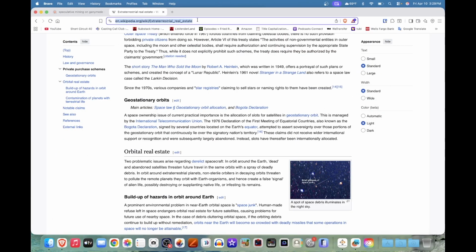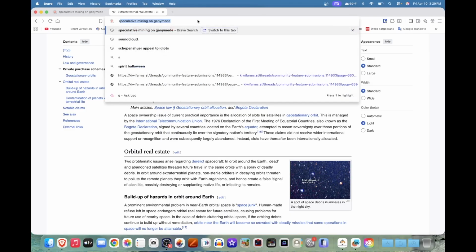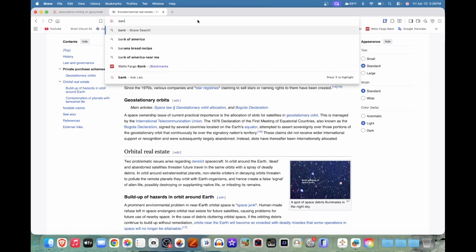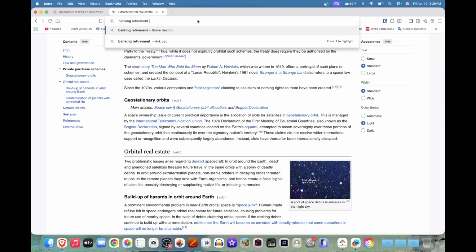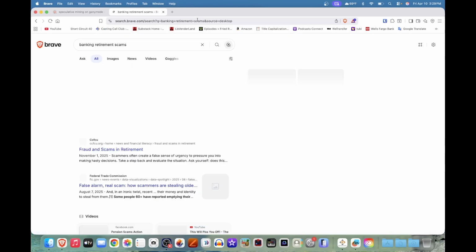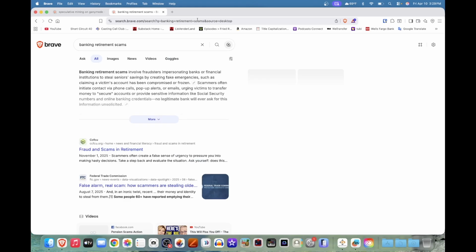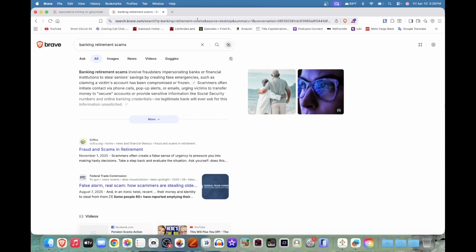So let's research here. Banking scams. Let's see. Banking retirement scams involve fraudsters impersonating banks or financial institutions to steal seniors' savings by creating... Okay, that's not quite what I had in mind.